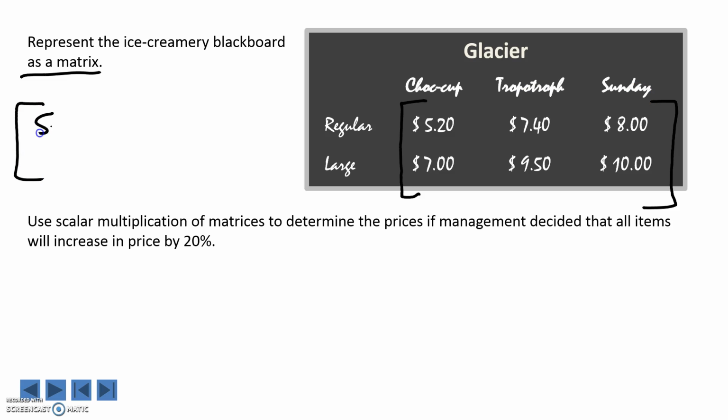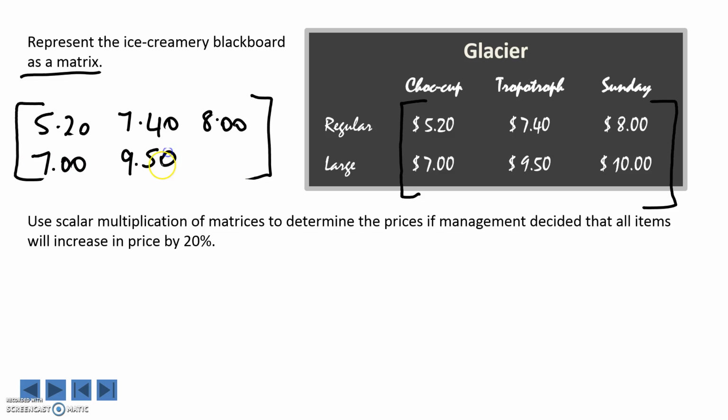That would just look simply like this. In these matrices that we do, often they will be involving dollars and cents. It's very easy to forget the cents: 2 numbers after the decimal place for those cents.